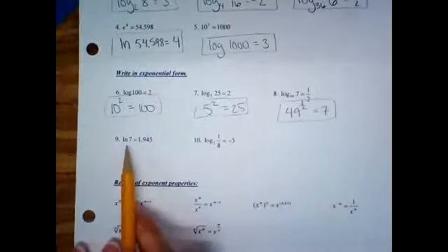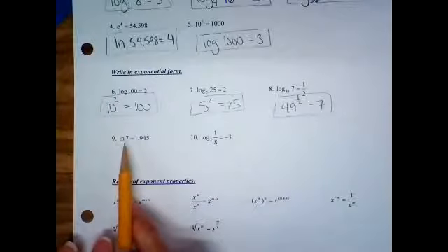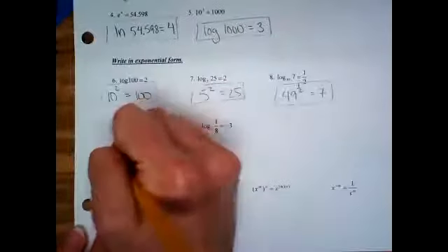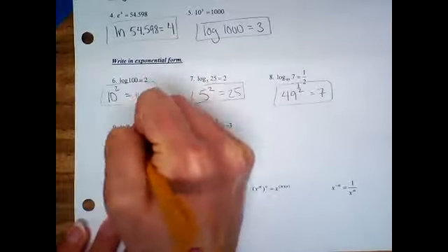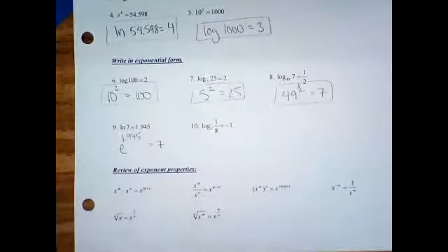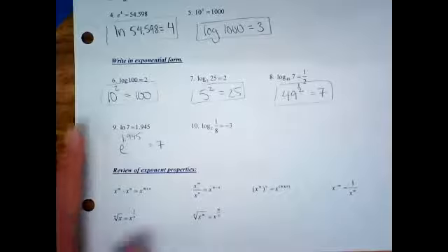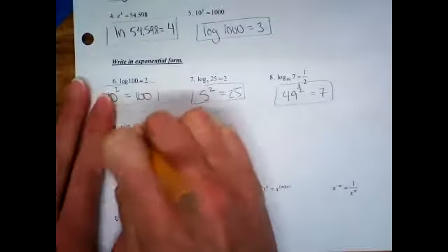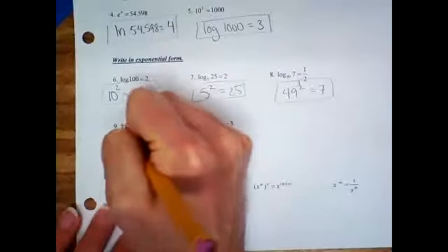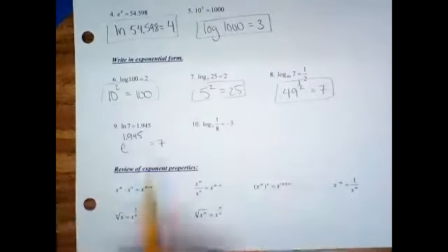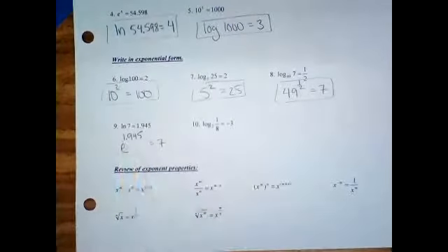All right, what's the base for this one? e. It's e to the power 1.945 equals 7. Oh, wait, I did that backwards. I'm so sorry. No, wait, no, I didn't. 1.945, sorry, the decimal threw me off. The logarithm equals the exponent, so 1.945 is your exponent.